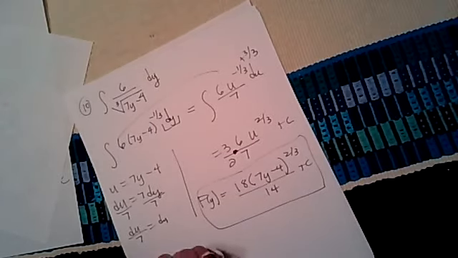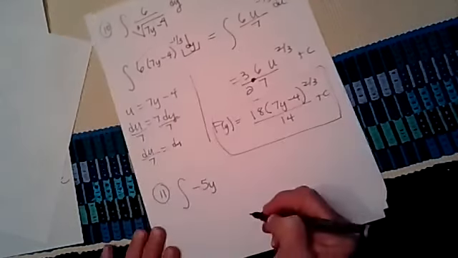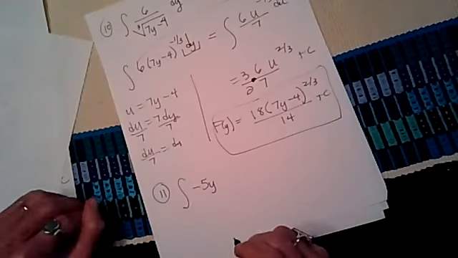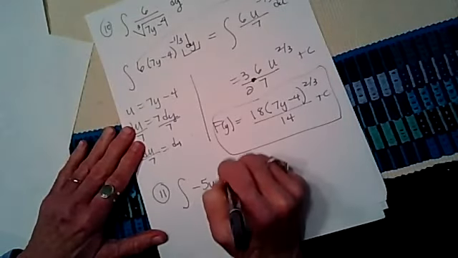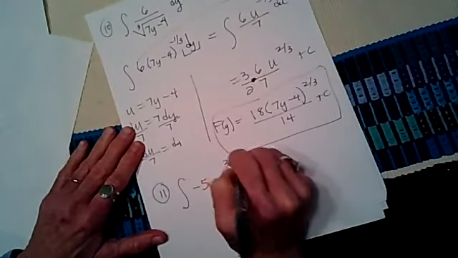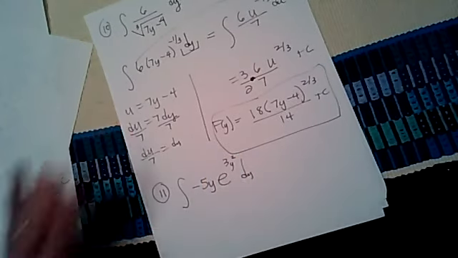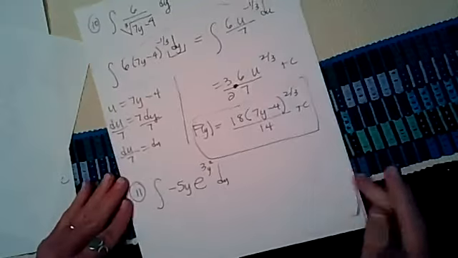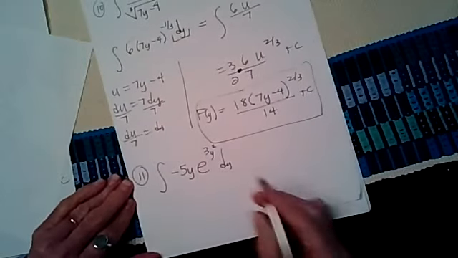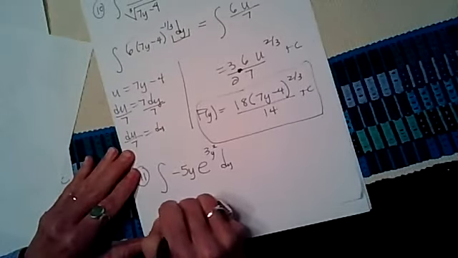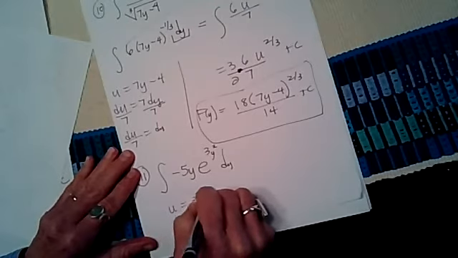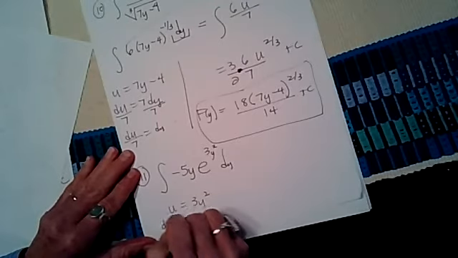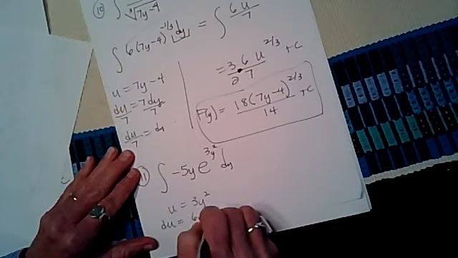Number 11, and then this is the integral of -5y, whoops, you can't see, times e to the 3y squared, dy. Okay, so we always pick u to be the inside, but since there's no inside, we're going to let u be the exponent on e. So u is 3y squared, and the derivative of u is 6y dy.